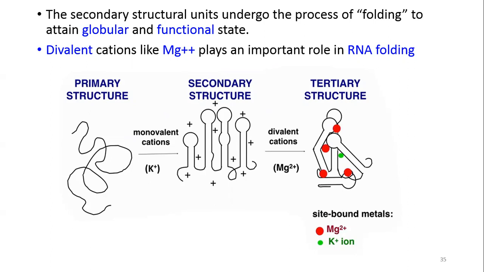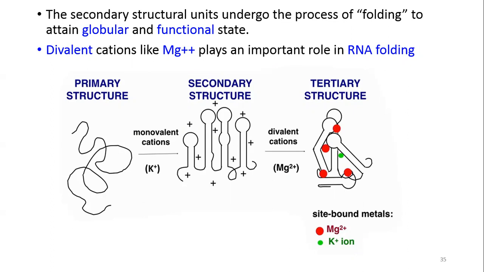Now, the major player that comes into the picture here is a divalent cation, usually the Mg2+ ion. These divalent Mg2+ ions play a very important role in RNA folding.